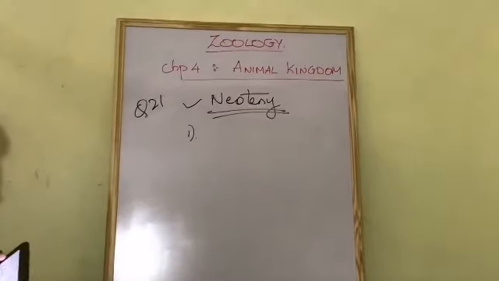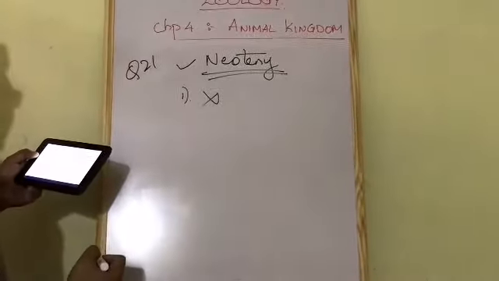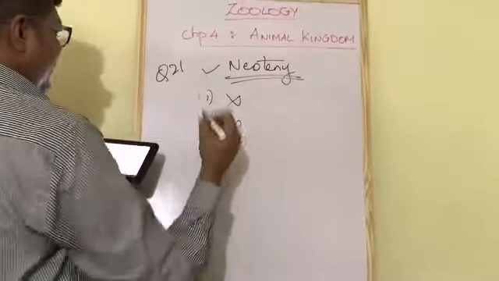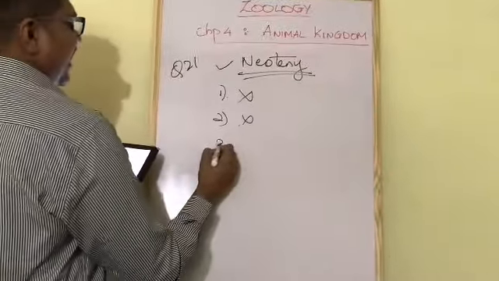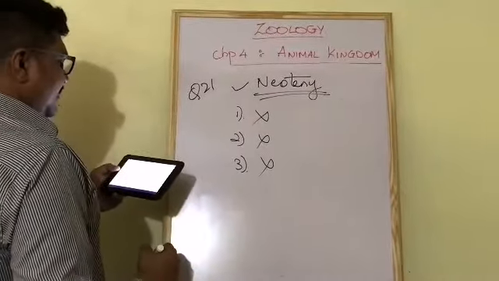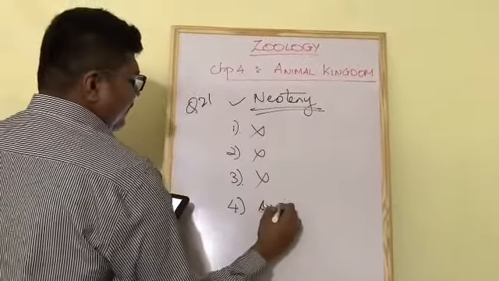So let us see the 4 options now. The first option is tadpole. Tadpole doesn't have any neoteny. Second is salamander. Salamander doesn't have neoteny. Third is hyla, which is a tree frog, also does not have neoteny. And the fourth option is axolotl larva.